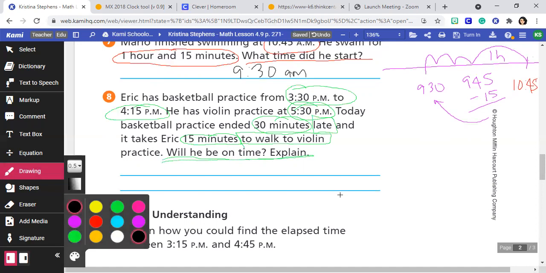So if we set ourselves up for this, we know that Eric has to be someplace by 5:30. So that's our target. We want to be able to get him to violin practice by 5:30. But he has basketball practice until 4:15 p.m. So we know basketball practice went from 3:30 to 4:15.